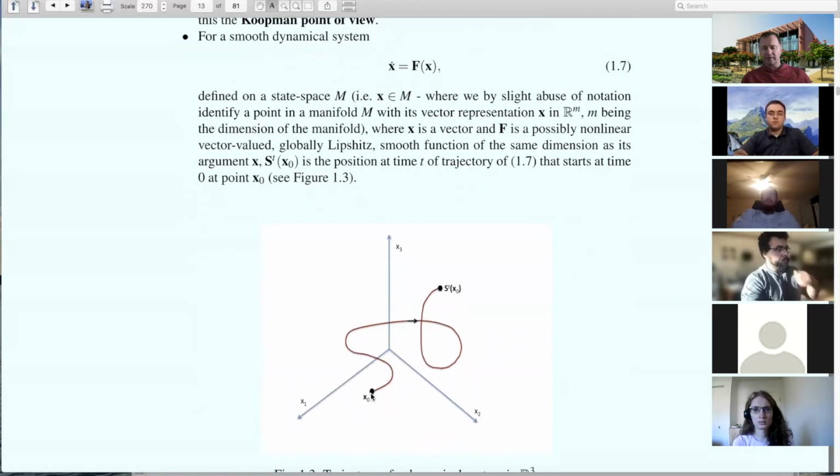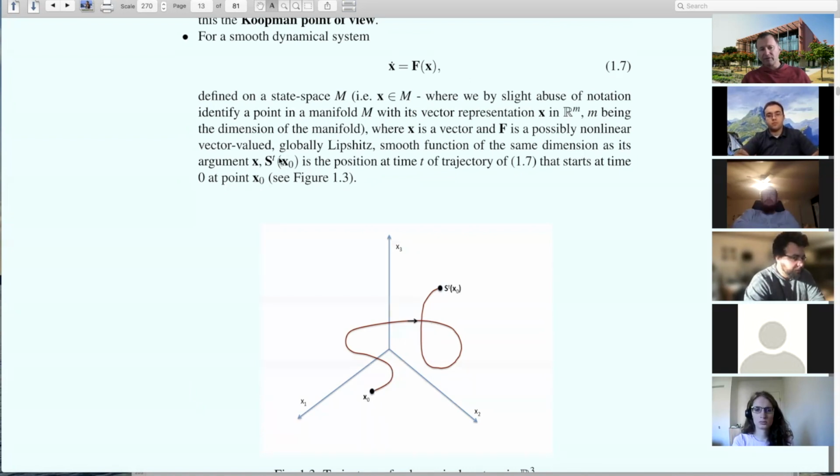So we talked about the fact that St of x0, which is called the flow, is a map that to every initial condition x0 assigns its position or condition at time t, St of x0.